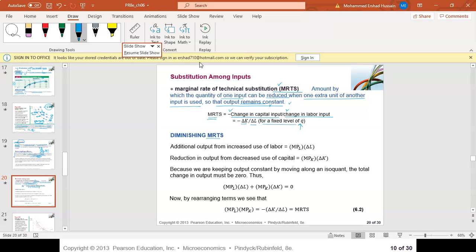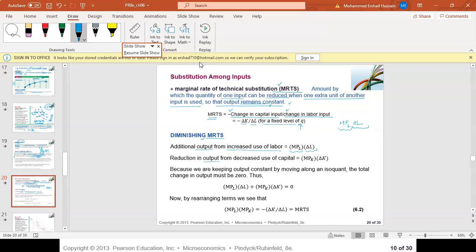Now diminishing MRTS. First, the additional output from increased use of labor: marginal product of labor and change in labor. When we increase labor by delta L, how much will output change? We write it as MPL, the change in output associated with one more unit of labor, multiplied by the change in labor, which gives the additional output.